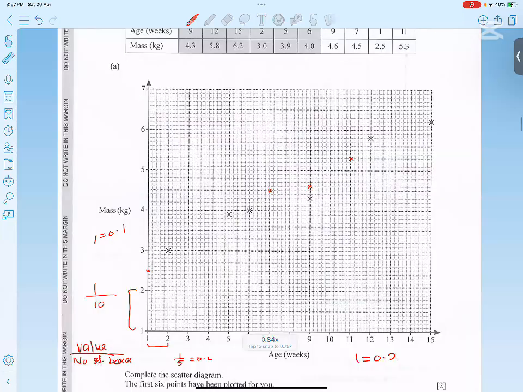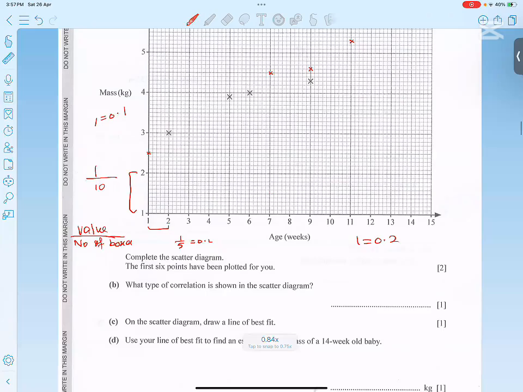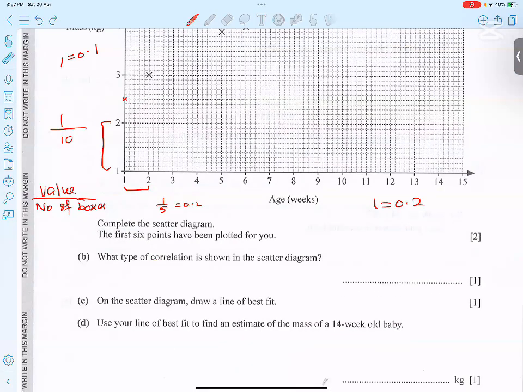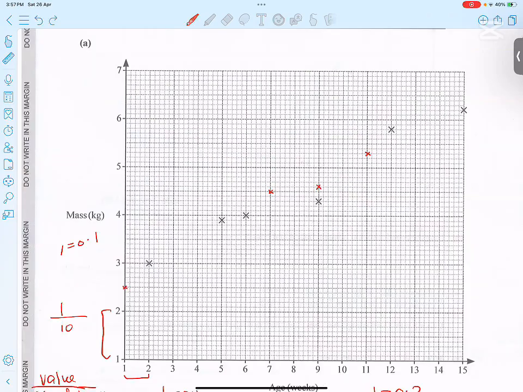Points are all done. Now, what kind of correlation is this? Naturally, I'll go for the best fit line first, then I talk about this one. What is the criterion of the best fit line? Whenever you take a ruler, you place it in such a way that the number of points above and below should be equal to each other. For example, if I try to make this line, have a look now.